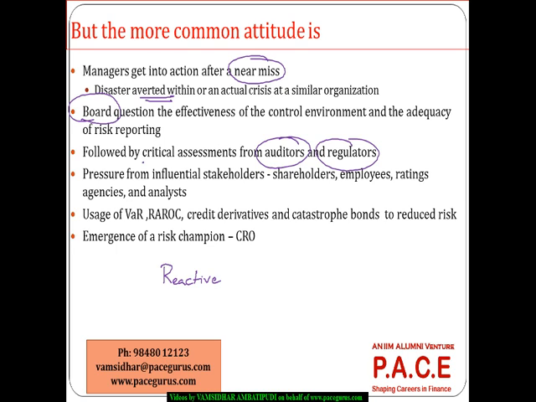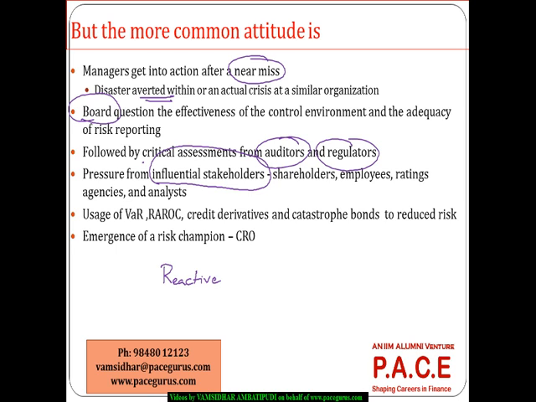Now risk management should get into the culture of the organization itself. In some cases, influential stakeholders like shareholders, employees, and rating agencies could apply external pressure which might prompt the organization to come out with effective risk management, because if the earnings are very volatile, shareholders may not be interested in continuing with the investment.